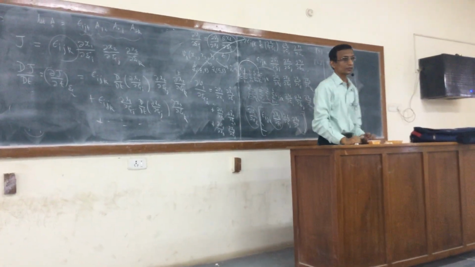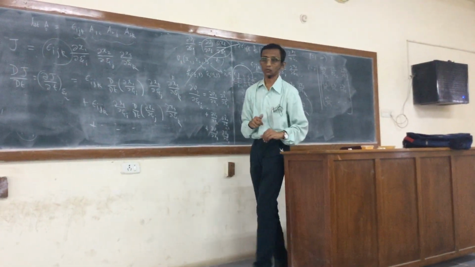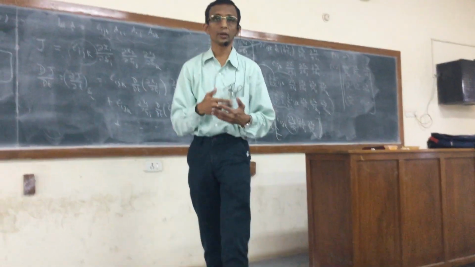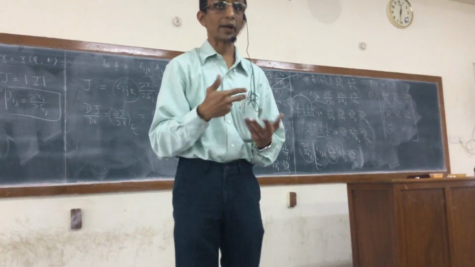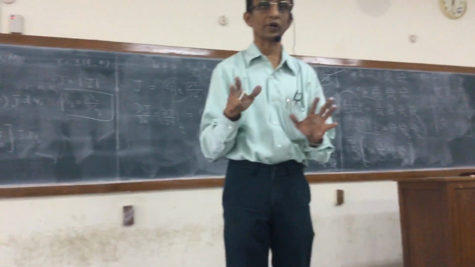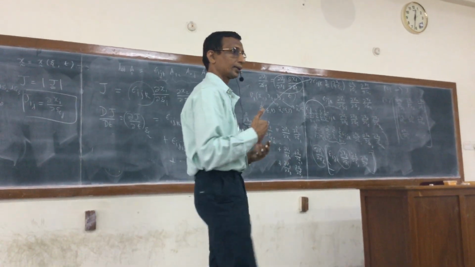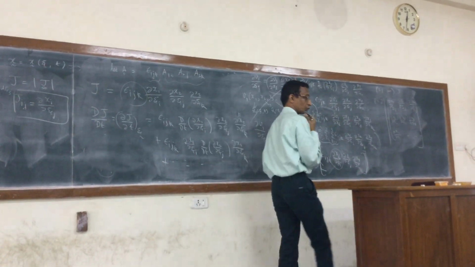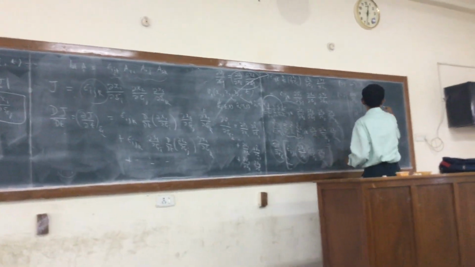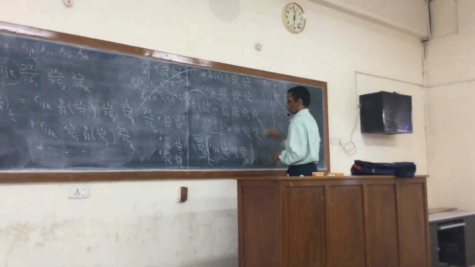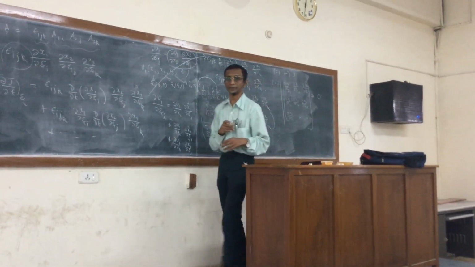What is the value of this determinant? 0, because we know that in any square matrix, for which only determinant is defined, if any two rows or two columns are the same, then the determinant of that matrix should vanish. So L equal to 2, the value of this whole thing will be 0.